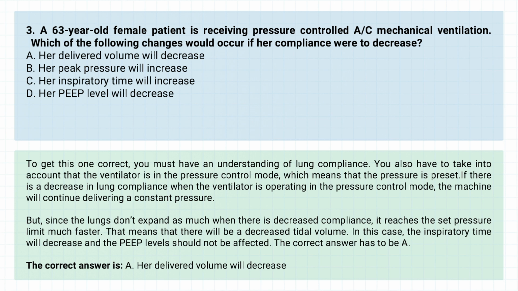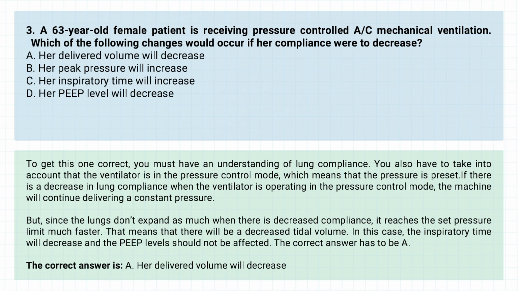To get this one correct, you must have an understanding of lung compliance. You also have to take into account that the ventilator is in the pressure control mode, which means that the pressure is preset. If there is a decrease in lung compliance when the ventilator is operating in the pressure control mode, the machine will continue delivering a constant pressure.